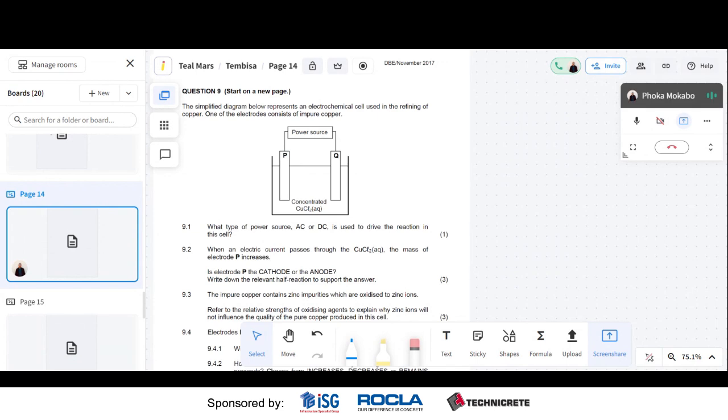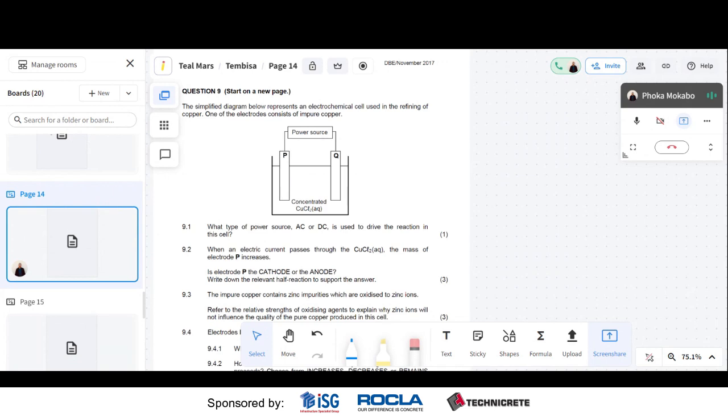Small concentrations of impurities will noticeably lower the conductivity of copper, and we don't want that. We want it performing at optimum level, so we increase the purity from 99% to about 99.5%. Sometimes higher, sometimes a little bit lower, but around that ballpark.